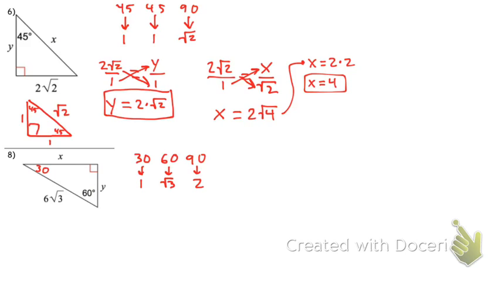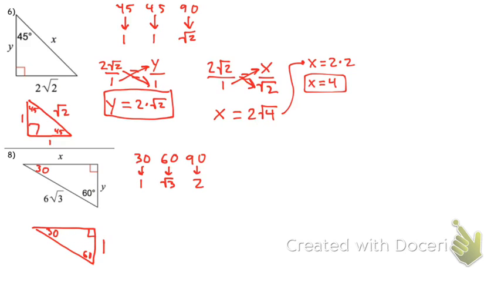So we want to draw a direct copy of this, but we're going to put in our new side measures. The original side measures are on top, and we're going to replace them with new side measures in my red triangle using this pattern. Across from the 30 degree, here's my 30, the side across from it is going to be 1.